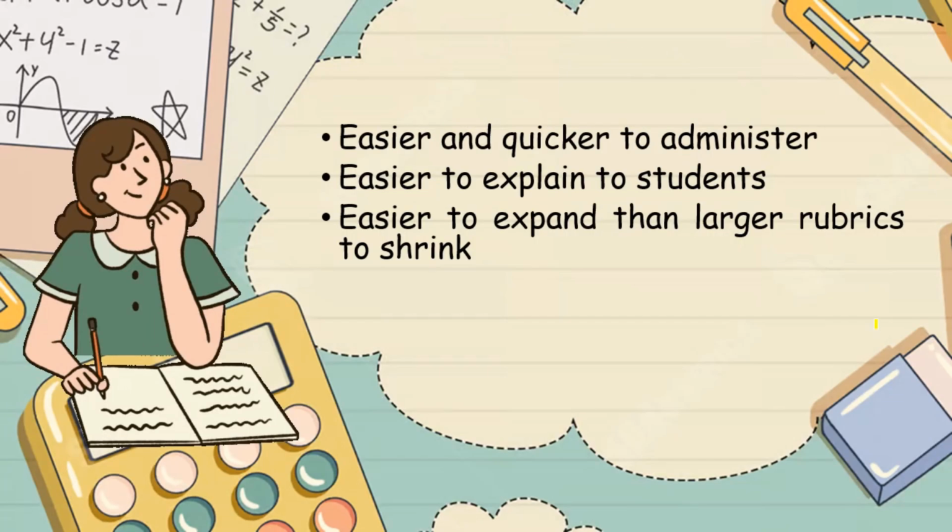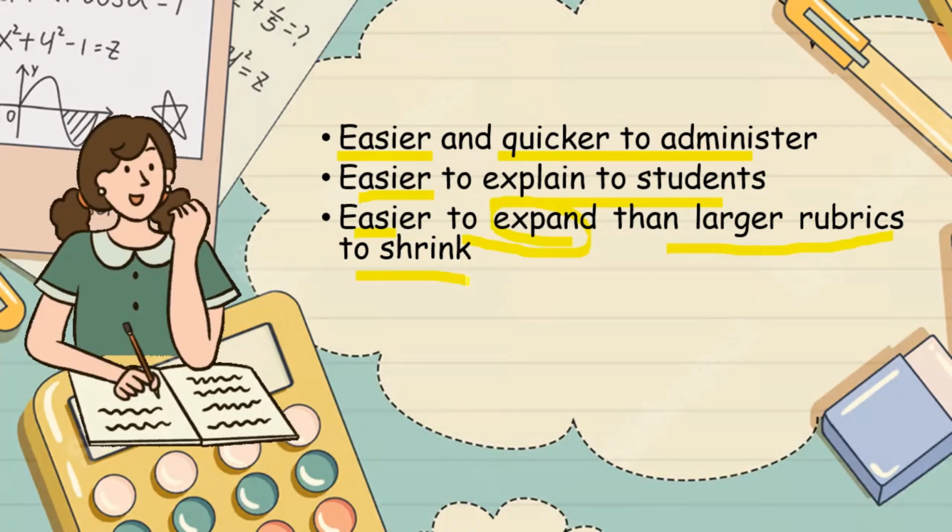We recommend that fewer levels of performance be included initially because it is easier and quicker to administer. It is easier to explain to students, and it is easier to expand than larger rubrics are to shrink.